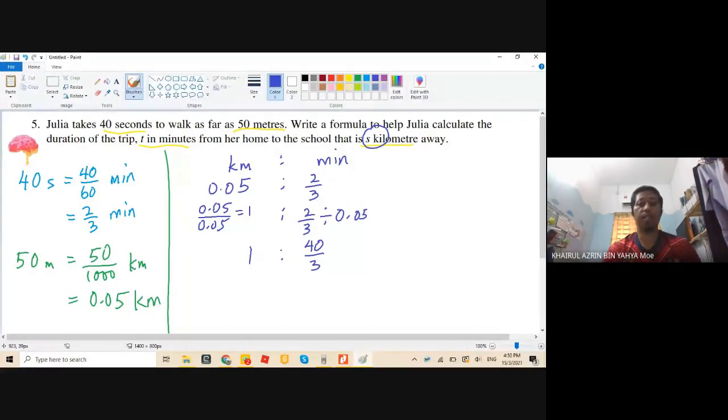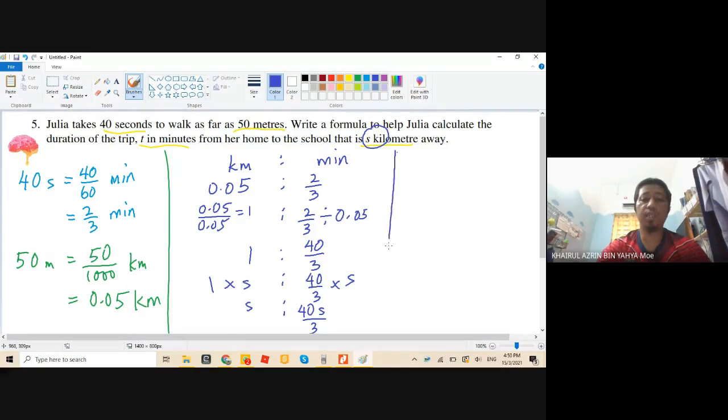For S kilometer, it's 1 times S, correct or not? So for S kilometer, this 40/3, we need to multiply by S. So we can write 40S/3, meaning for S kilometer, time taken is 40S/3.